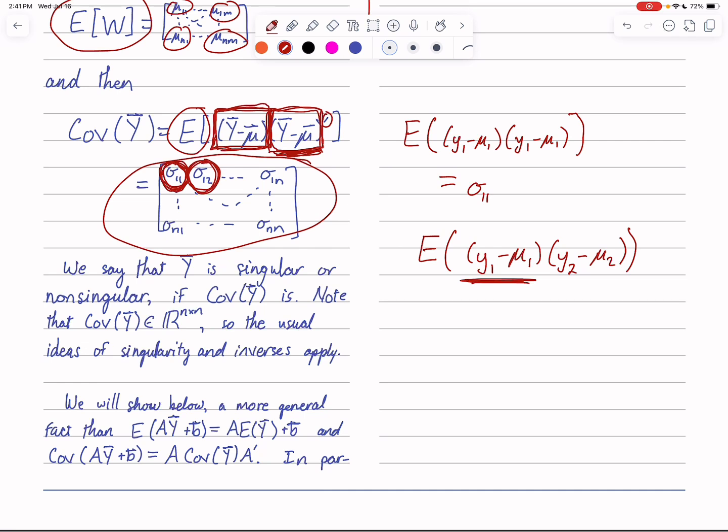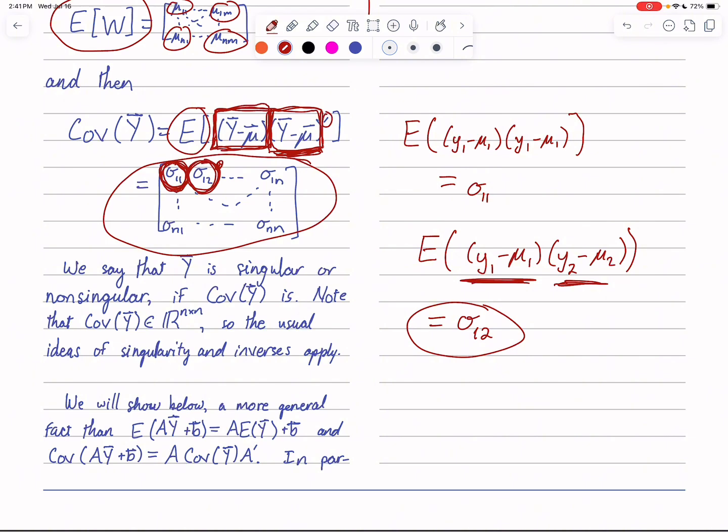So you get these two, and we're taking their expected value. Well, recalling your training in mathematical statistics, this is the same thing as the covariance between y1 and y2, which we agreed to call sigma 1,2. So that's what you get in this coordinate, and you can see that if you continue filling in the rest of the matrix, you get all of these sigma indices throughout the matrix.